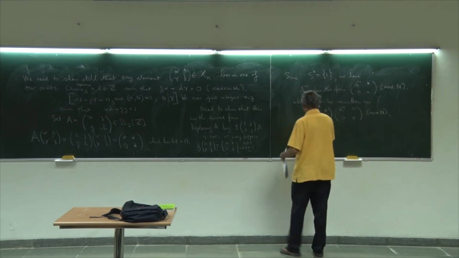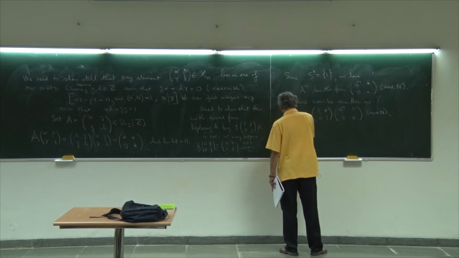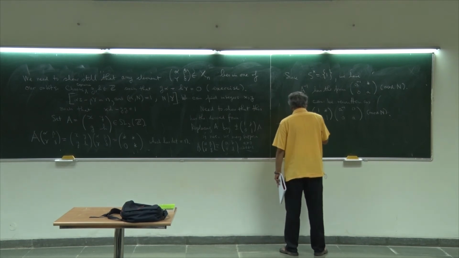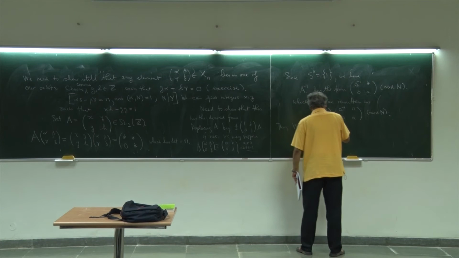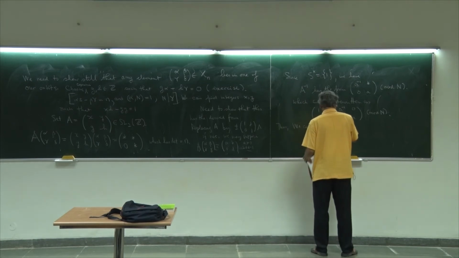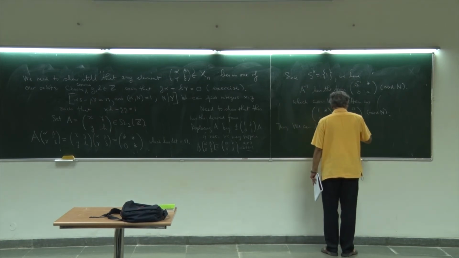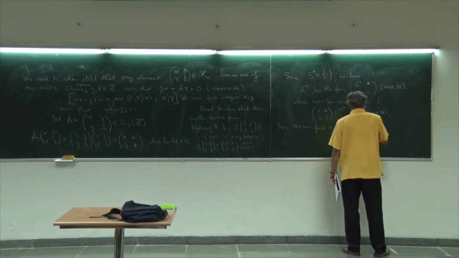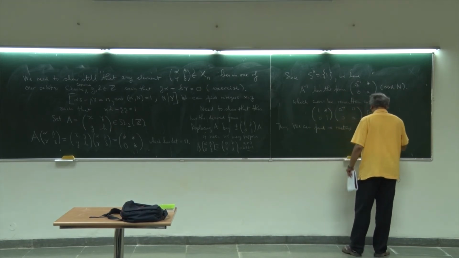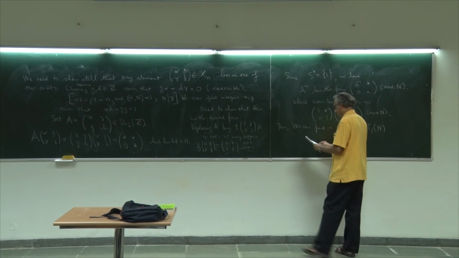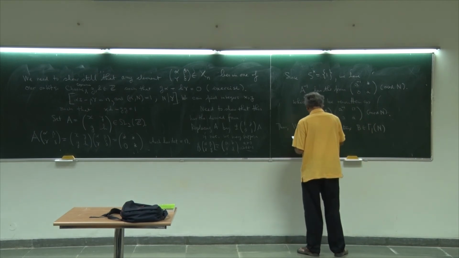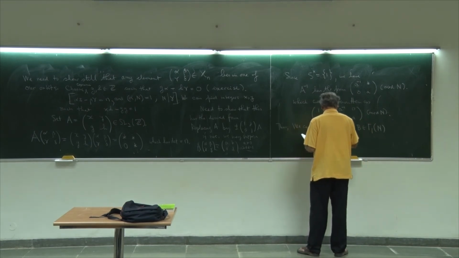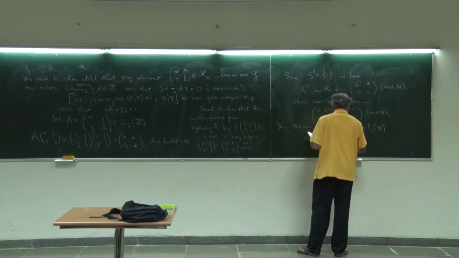That is, we can find a matrix B in gamma 1 of n so that A inverse is equal to B times sigma sub A.